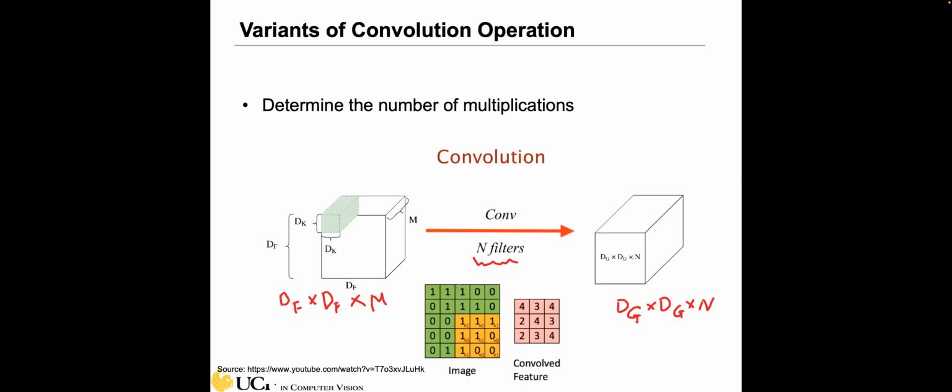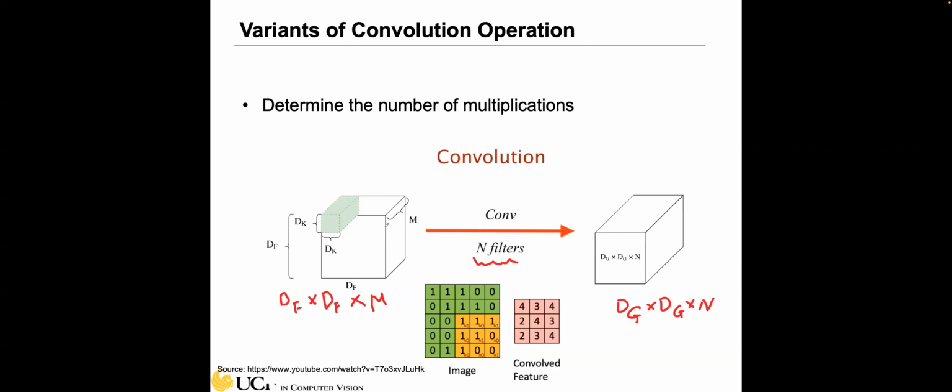So let's look at the number of multiplications for conventional convolution. Here we have this input feature map. We have DF by DF, that's the spatial resolution, height and width, of the feature map, and we also have M channels. So this is a cube. We also apply a kernel of DK by DK, that's the spatial resolution of your kernel, for example, 3x3.